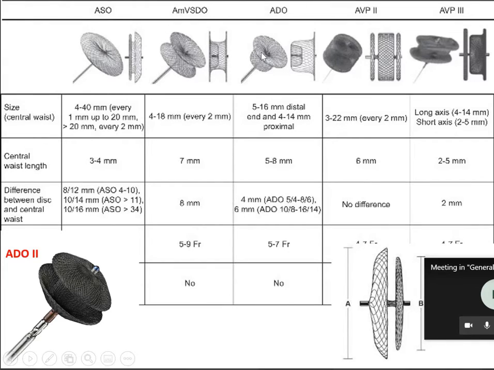Which device is this? ADO. This is the Amplatzer Duct Occluder, ADO 1. This is the AVP2, Amplatzer Vascular Plug 2, AVP3, and this is the ADO 2, Amplatzer Duct Occluder 2.